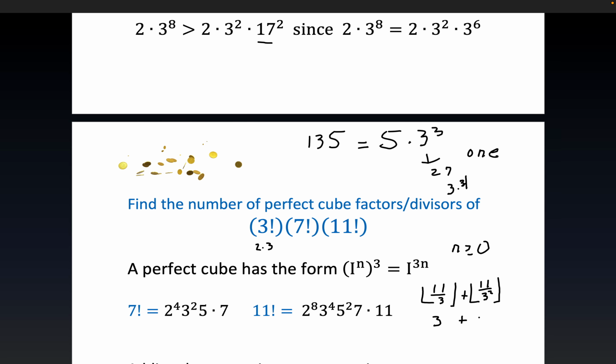Okay. Now there is a terminating condition on this Legendre formula. You do the floor of the next highest power, which would be 11 over 3 cubed. Now notice this number, 11 over 27, is between 0 and 1, so it has a floor of actually 0. So these things are always guaranteed to terminate, right?